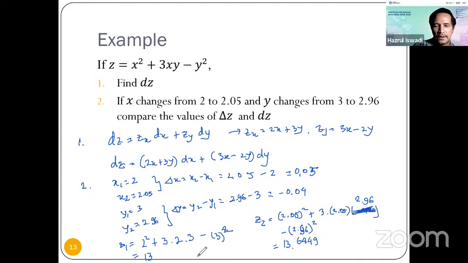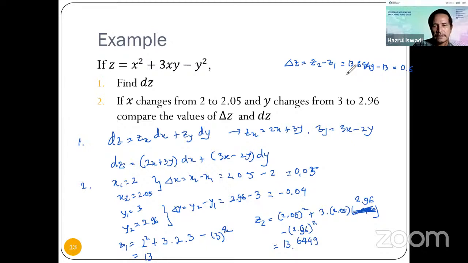So we have delta z, which is z2 minus z1, and then we have 13.6449 minus 13.